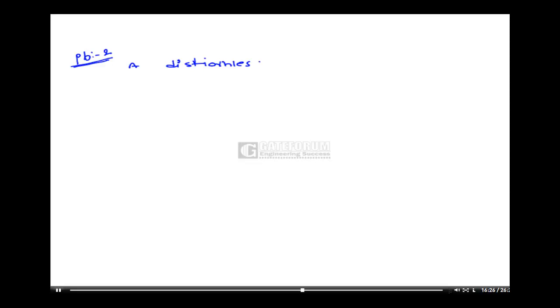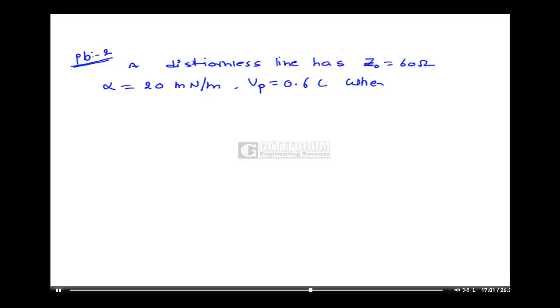A distortionless line has Z0 equal to 60 ohms, alpha equal to 20 millinepers per meter, phase velocity equal to 0.6 c, where c is the speed of light in vacuum.